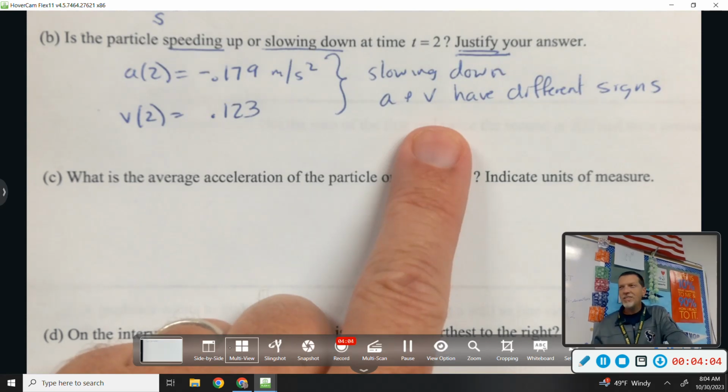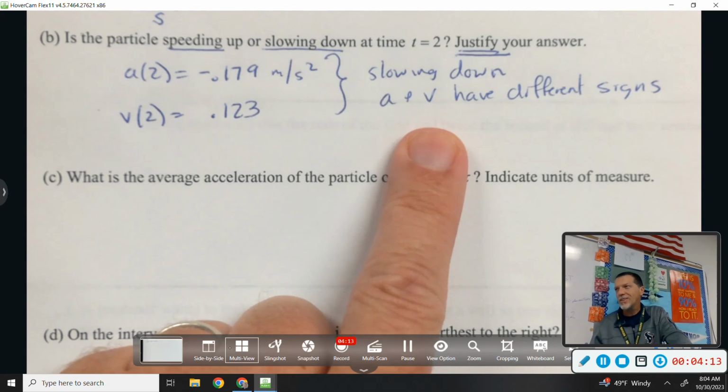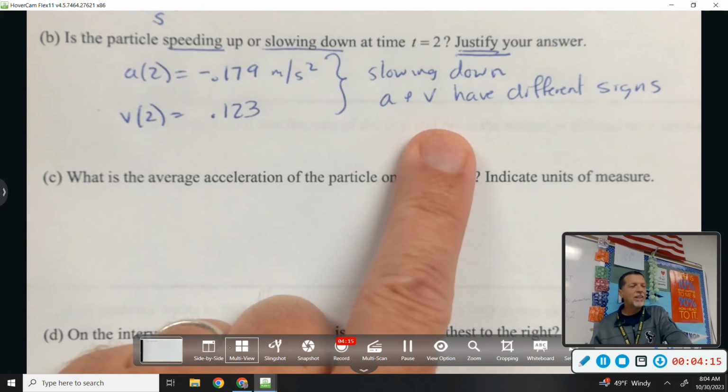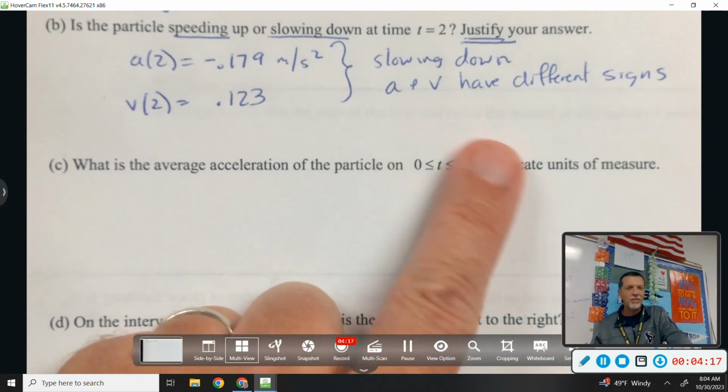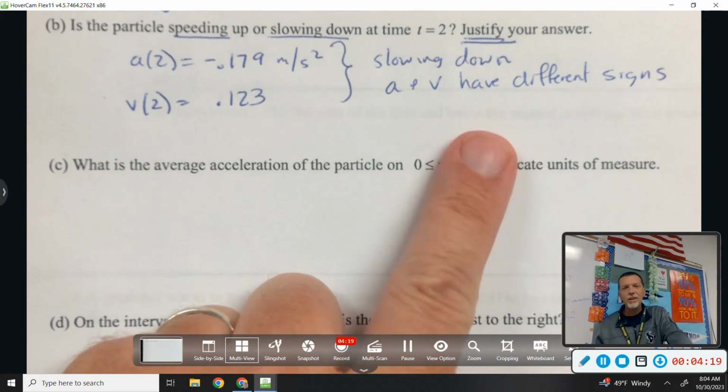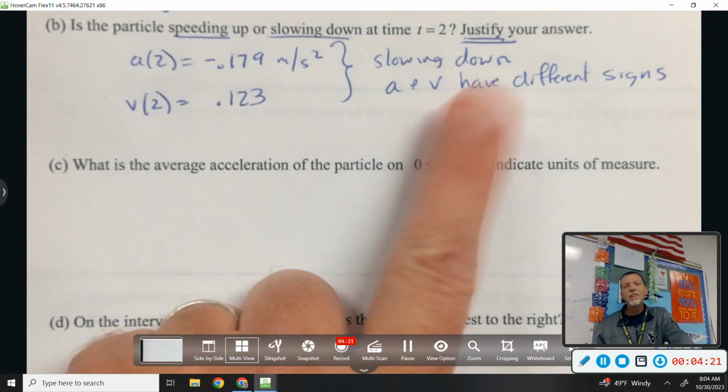So say what you need to say quickly, and then be done. Kids get into trouble when they start trying to give some paragraph explanation of velocity and acceleration. I don't need that. Give me the calculus reason, and then you're done. I don't want an explanation of how this works. Just tell me how you knew.